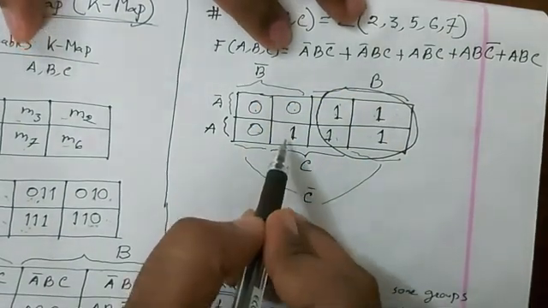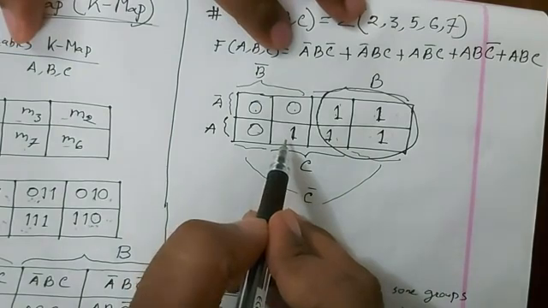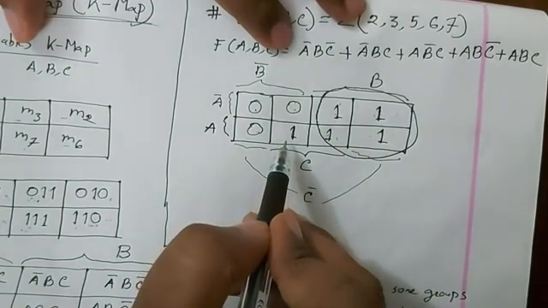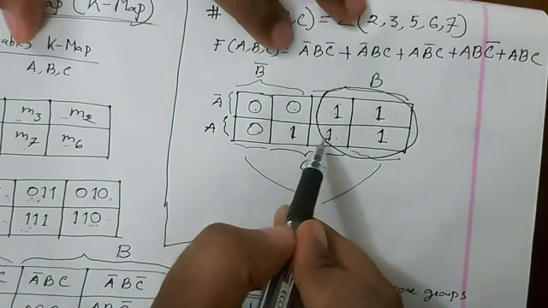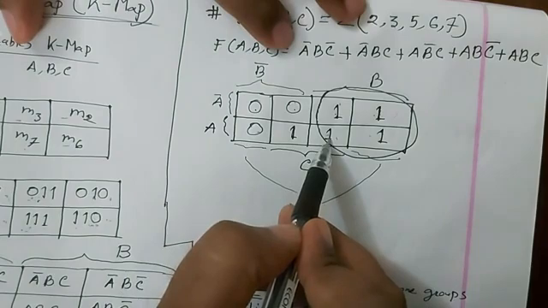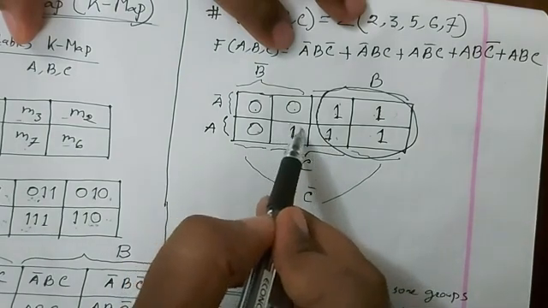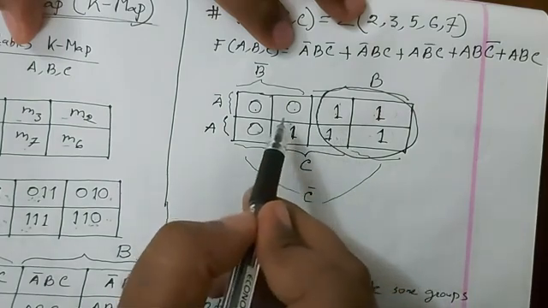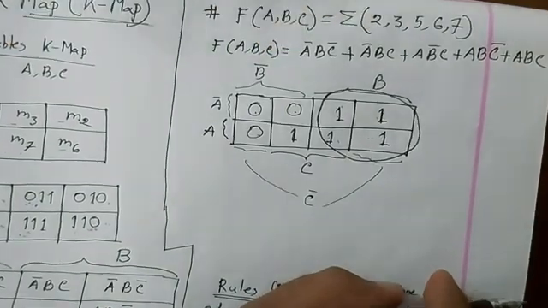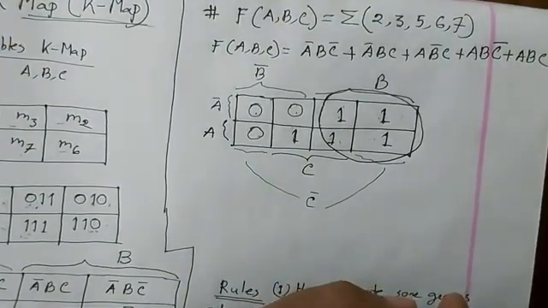Now there is a 1 here. Now 1 one can make a group, or 2 ones can make a group, or 4 ones can make a group, but this one's only adjacent one is this one, right? So either we can make a group with 1 one, or a group with 2 ones. But we will always try to take the maximum possible ones in a group.